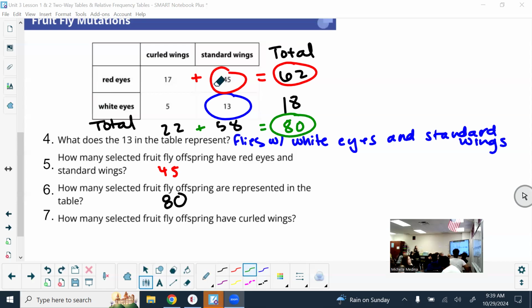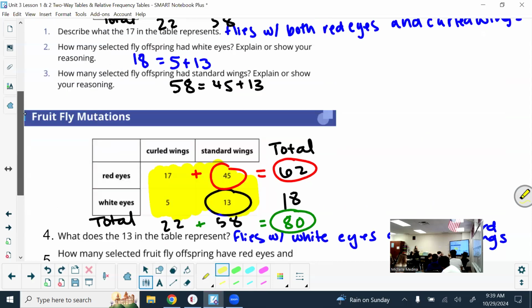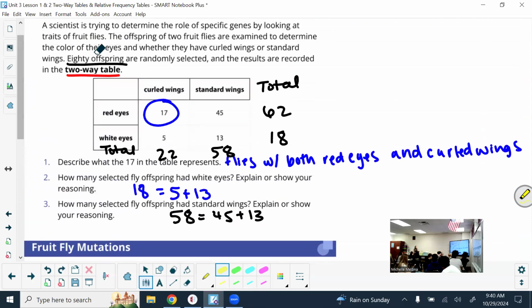Also, other people have told me that they added up the numbers in the table. That would just have to be the ones with the 2 characteristics at once, like don't add these into that, but those do add up to 80. Also, it did tell you in the description.